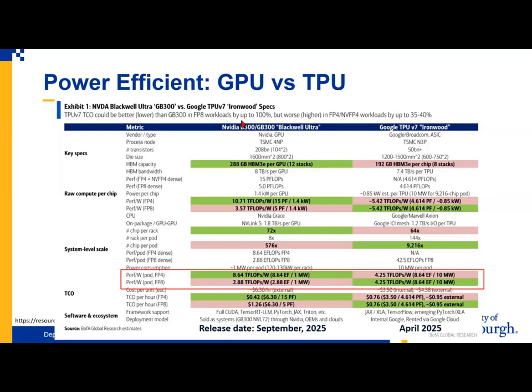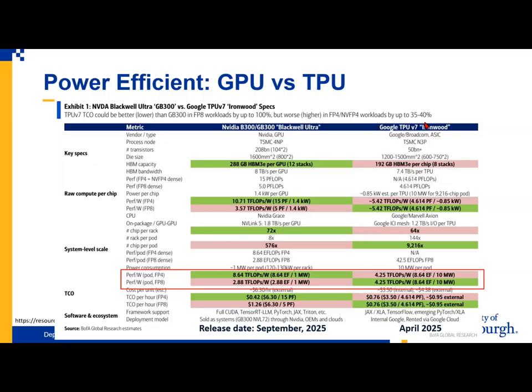The Nvidia GPU, this model is very new, right? September 2025 release date, and the TPU v7 is also very new, April 2025. And for the 8-bit operation, the TPU is more efficient than the GPU.